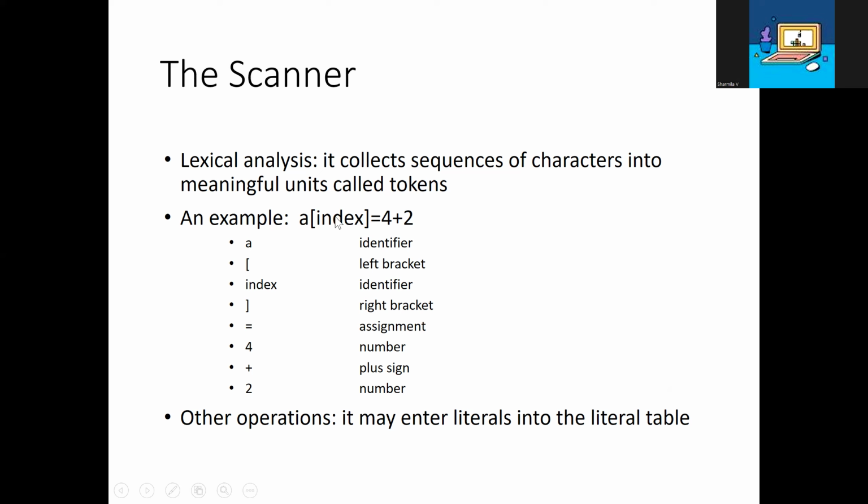Index is an identifier, the name given by the programmer. The close bracket is the right bracket. Equal to is an assignment operator. 4 is a number. Plus is a plus sign operator. 2 is a number. Like that, it will separate all the literals into a literal table, in the symbol table. That is the meaningful unit called tokens.